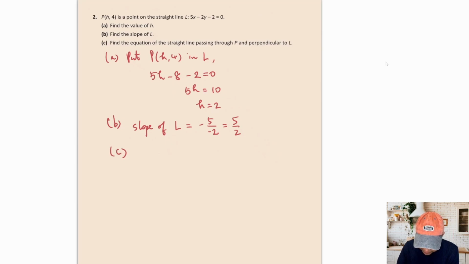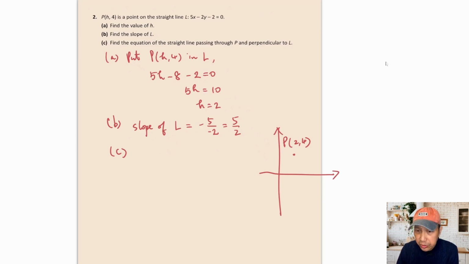As we just found out, the slope of L is 5 over 2 and it passes through the point (2, 4). So P may be here, (2, 4), and the slope of L is 5 over 2.